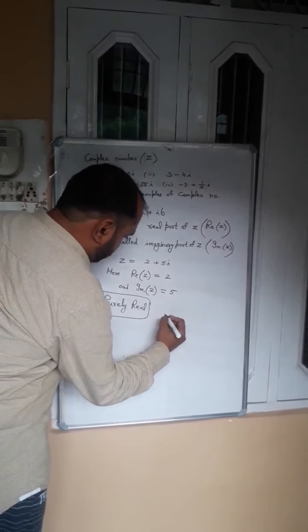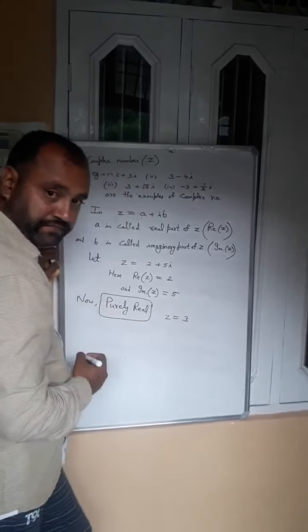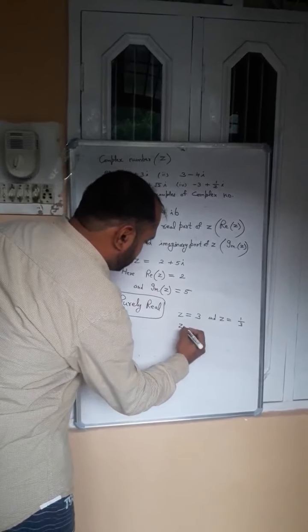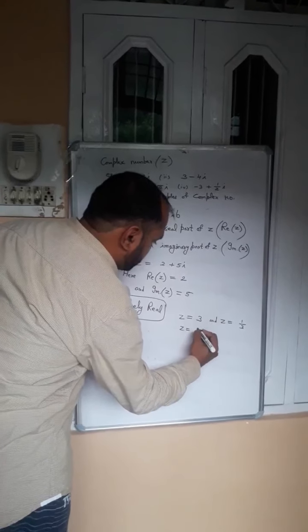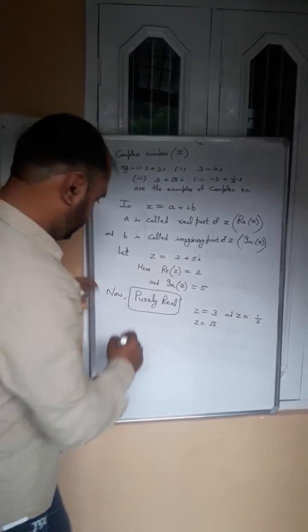For example, z is equal to 3, and z is equal to 1 by 3, z is equal to root 2. Here there is no imaginary part, there is only a real part. So that's why this is called purely real.